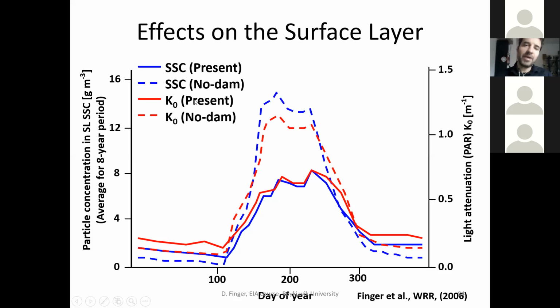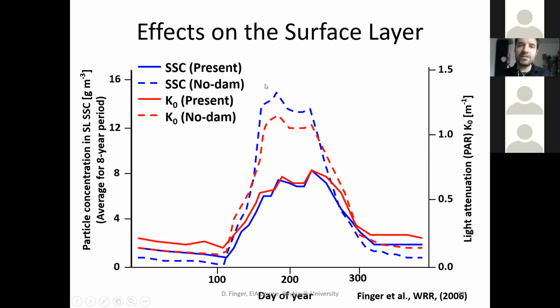So if we compare the situation without hydropower with the situation with hydropower, you can see here that the dotted lines are always without hydropower, and the solid line is always the present situation with hydropower.